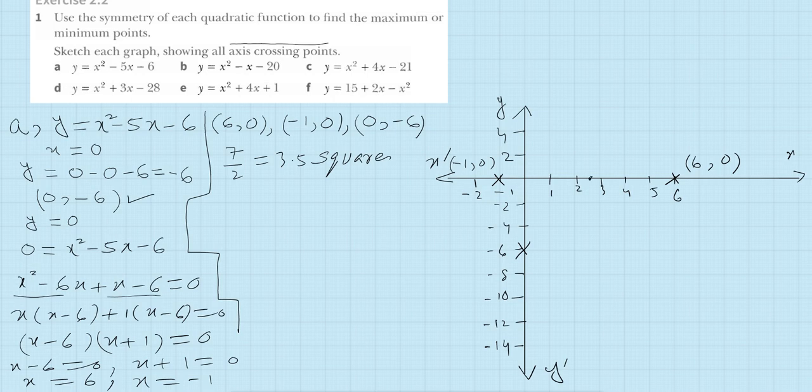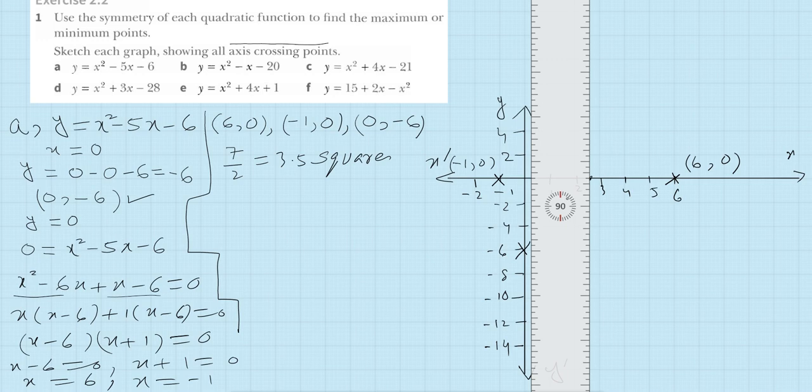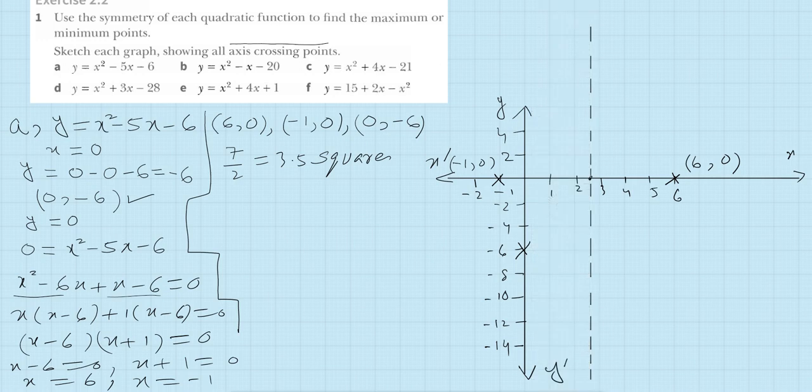So this is 2.5, the line of symmetry. So this is our line of symmetry.